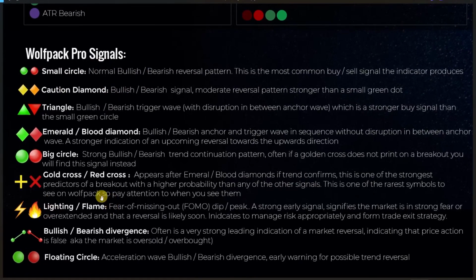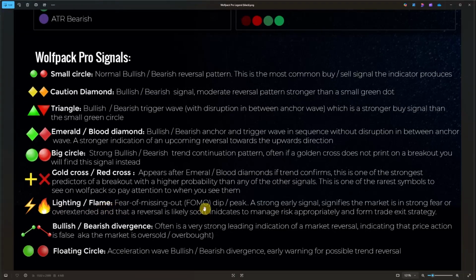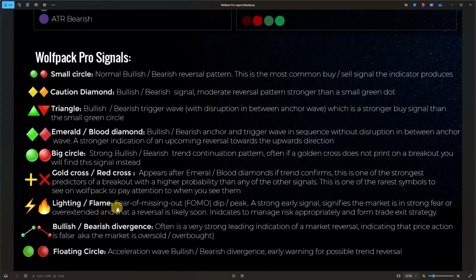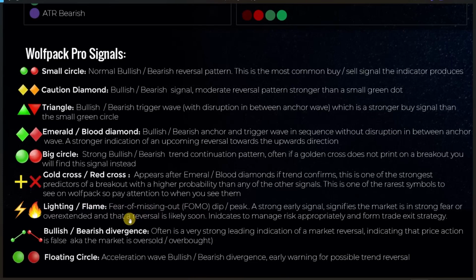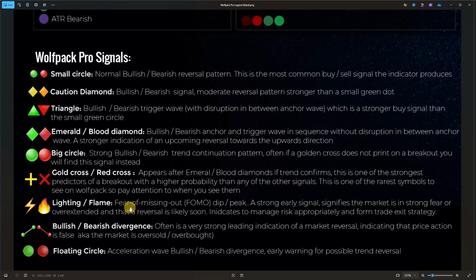The lightning and flame are opposite. So the lightning is a strong buy signal, the flame is a sell signal, and that is the dip and peak that are often irrational. So you'll often see them where the price keeps going up and up and up and up, almost irrationally, as more people who are more novice traders pile into the market.